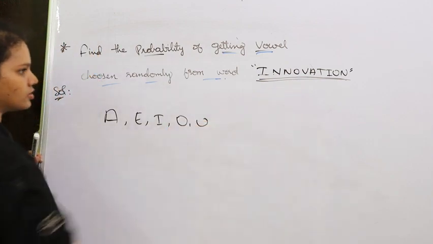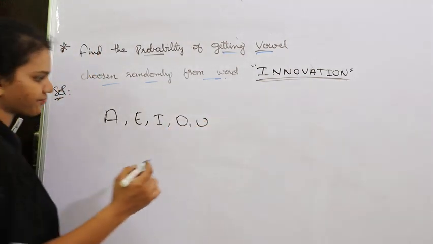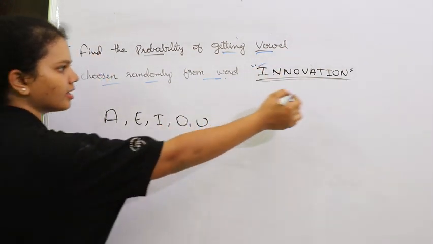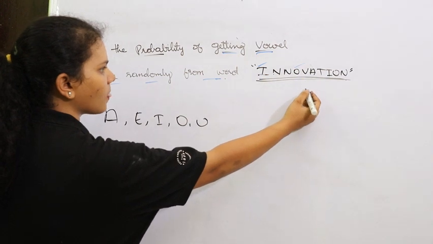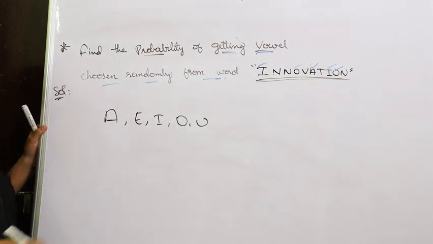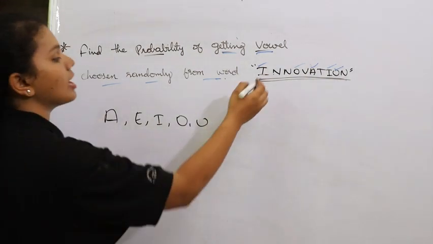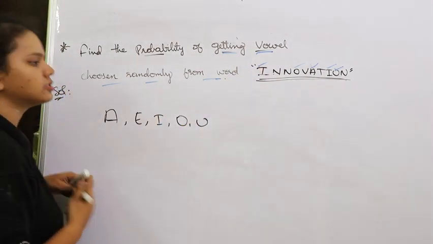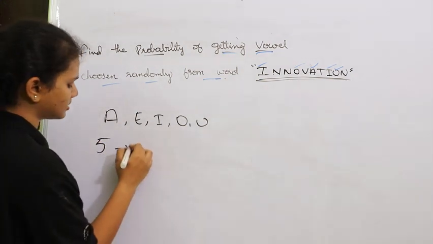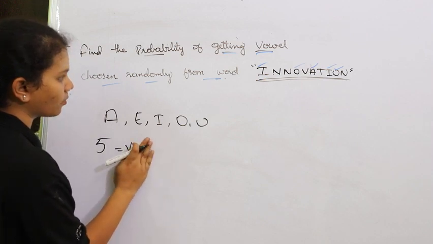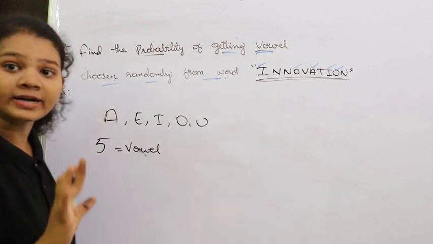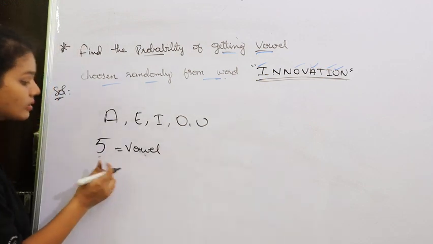Just look and search. I, this is a vowel sound, right? I is there, O is there, I is there, A is there, O is there. Okay, these are the vowels we have got. Just count how many vowels we have in this. How many vowels do we have? 5 vowels. Don't get confused that here you are having 5 vowels.